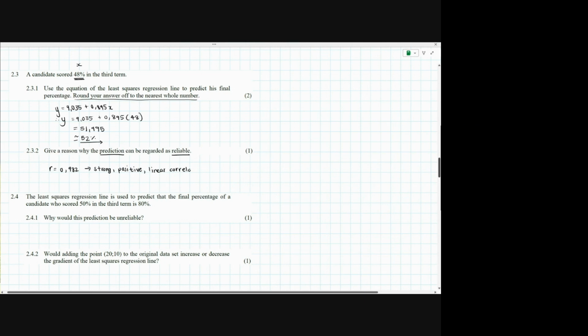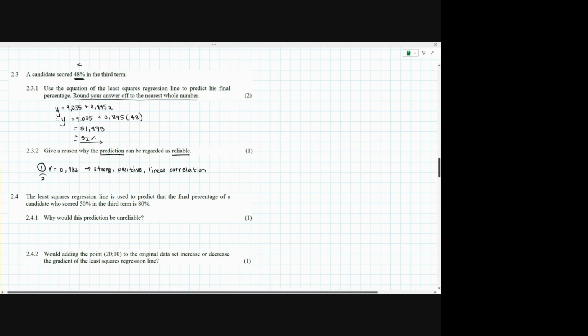Anytime you have a strong correlation, positive or negative, any prediction that you make, particularly within the domain, is going to be reliable. As you start to extrapolate, so move outside of your domain, it's still reliable, but only to a point. Okay? If you keep going too far away from your data points, it's eventually going to become unreliable. So that's one reason that you could give.